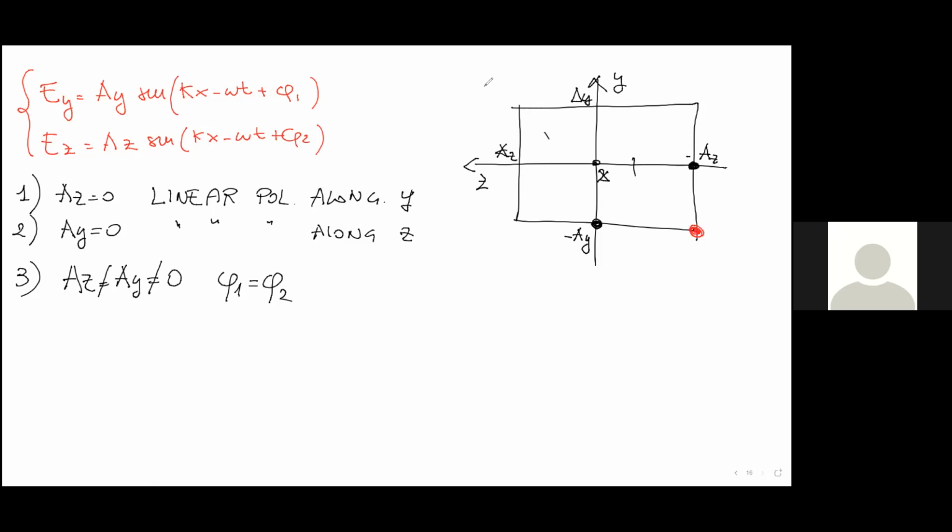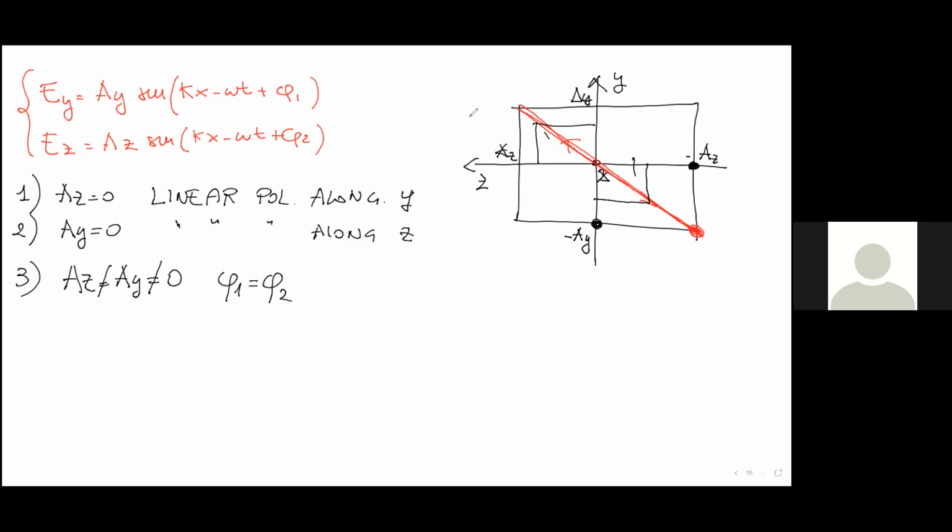So you see the total field that is oscillating along this direction, back and forth, because the two components are changing in phase. So when you are here, you are here. When you are here, you get here, because the two sinusoids oscillate in phase. Okay?